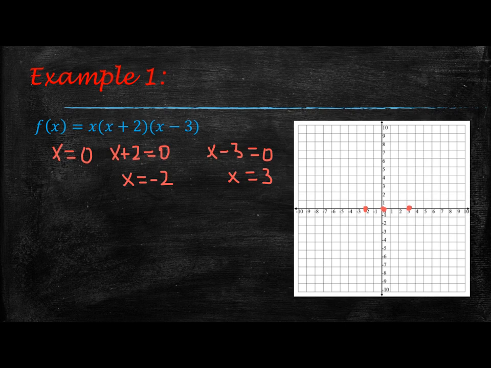Then I'm going to look at my leading coefficient. My leading coefficient is obviously the coefficient that's leading the polynomial. Well, the coefficient here is 1. It is positive, so my leading coefficient is positive.